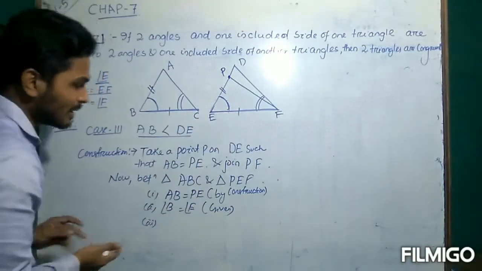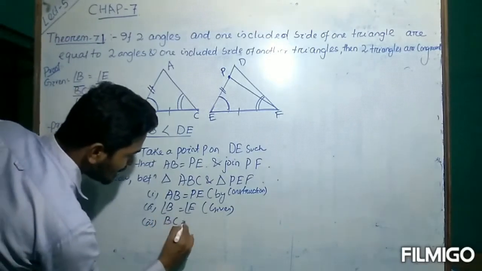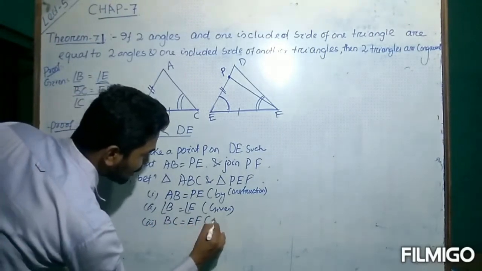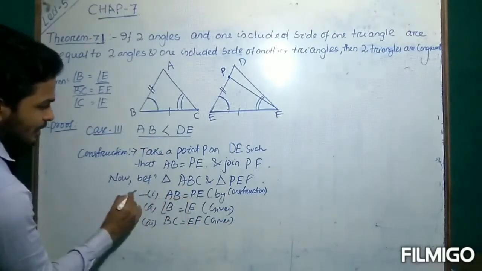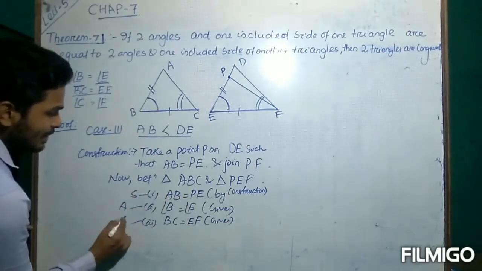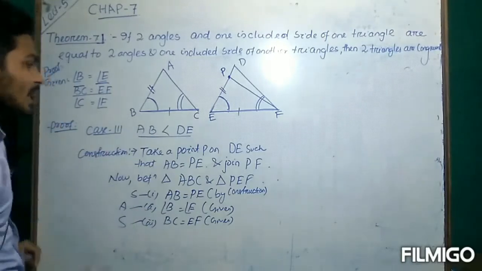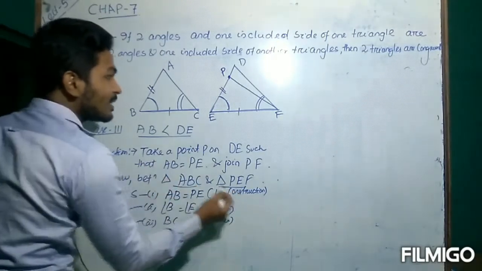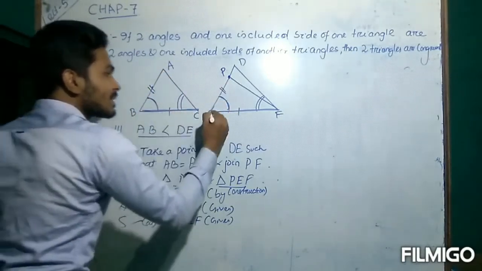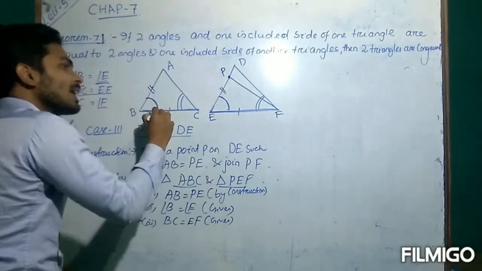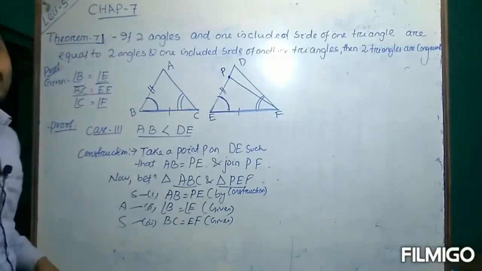So this stands for side, this stands for angle, this stands for side. Now you can see between triangle ABC and triangle PEF, this side is equal to this side, and the included angle is equal to the included angle.